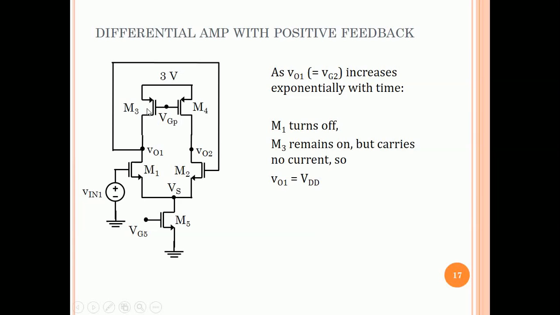And when M3 enters triode and eventually carries 0 current, the voltage gain of the differential amplifier becomes smaller and smaller and smaller. Right? The voltage gain was high when both the inputs are equal. The voltage gain becomes smaller and smaller and becomes 0 once the output saturates.